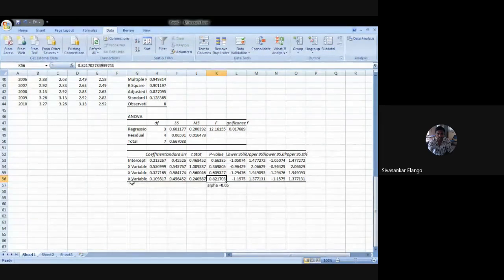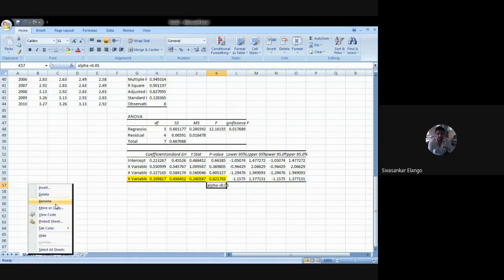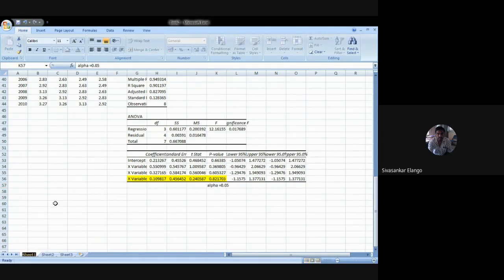So we are going to compare. The p value is 0.821, which is very high compared to the alpha value 0.05. So we'll go for second order auto regression. So we'll rename it as third order auto regression.